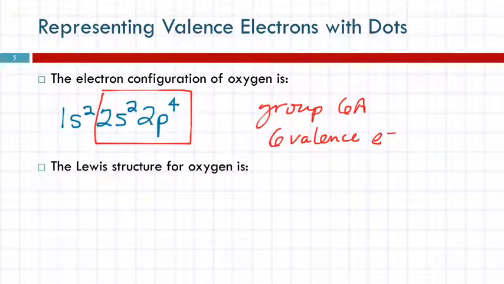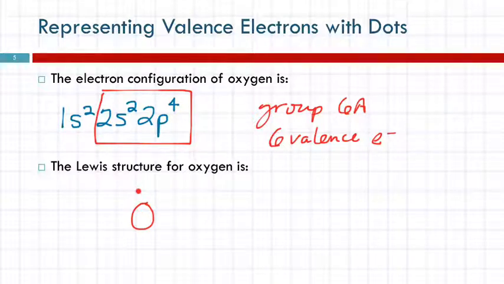So when we represent oxygen as a Lewis structure, we're going to write its element symbol, oxygen. And then we're going to take those 6 electrons and make 6 dots around the element symbol. We use the top, the bottom, the right, and the left, and we'll understand why later.